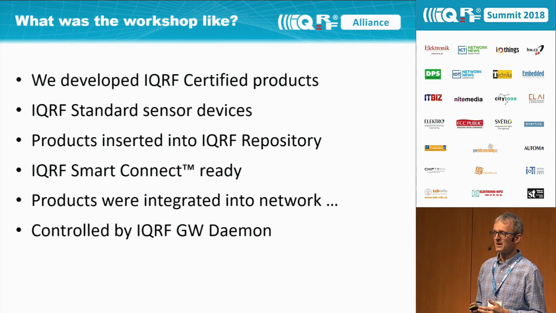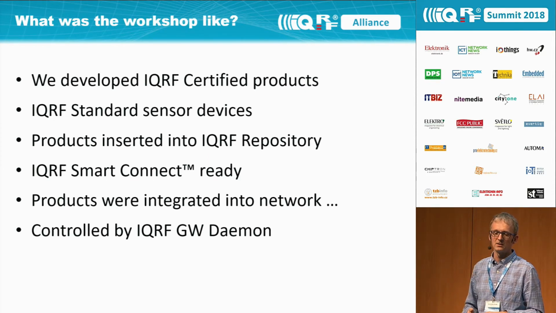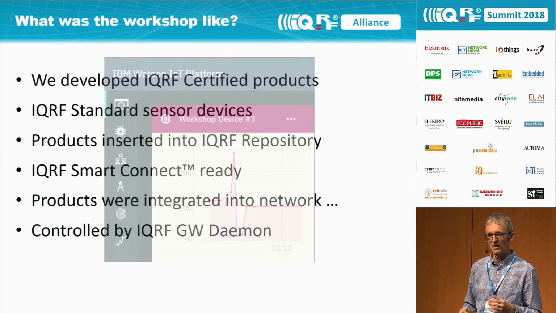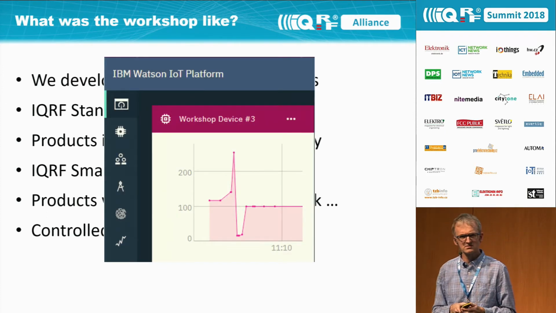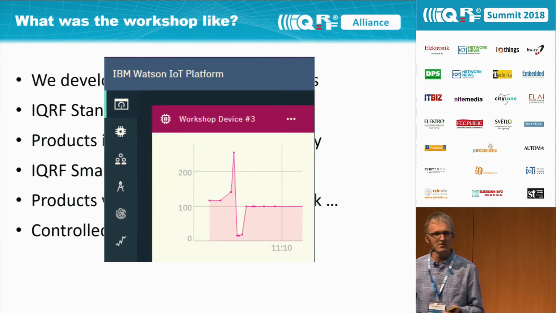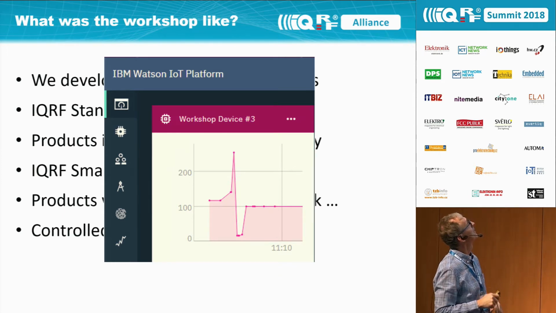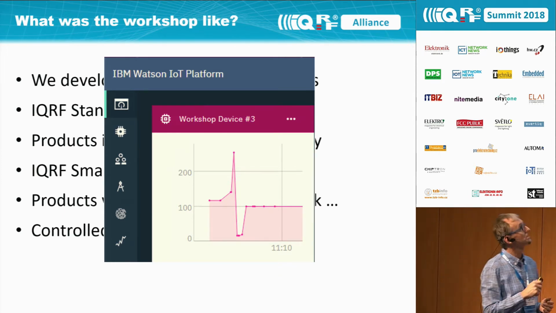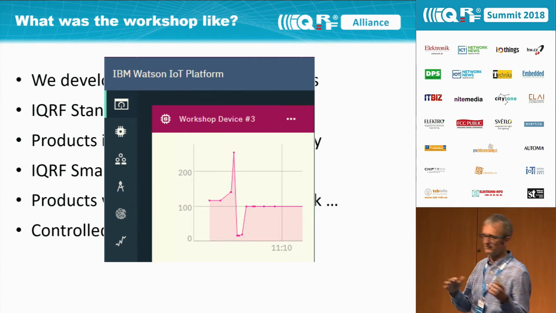But the important thing is that the device, a standard device, was fully integrated into the gateway daemon and also the cloud. So at the end of the day, these guys, I don't know how they do it, they just take the mouse and do some clicks and drag and drops. And using Node-RED, they were able immediately to show the measured quantity by turning the potentiometer left and right.